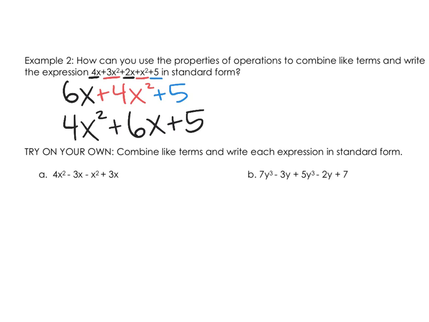Okay, now that you've tried that, you should have put together 4x squared minus x squared, giving you 3x squared. Then you can put together a negative 3x plus 3x, which is going to cancel out, giving you nothing.